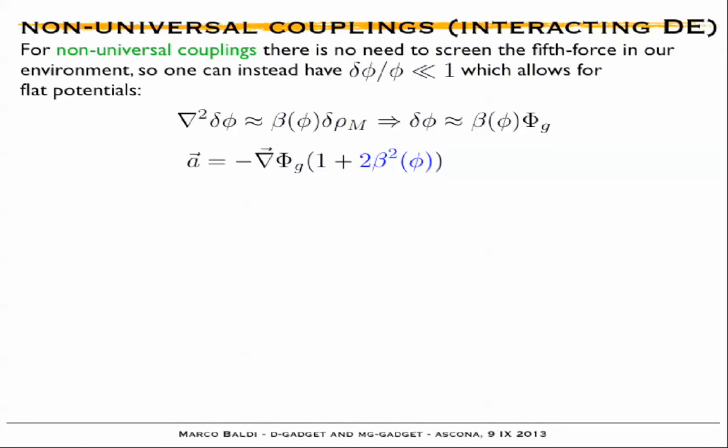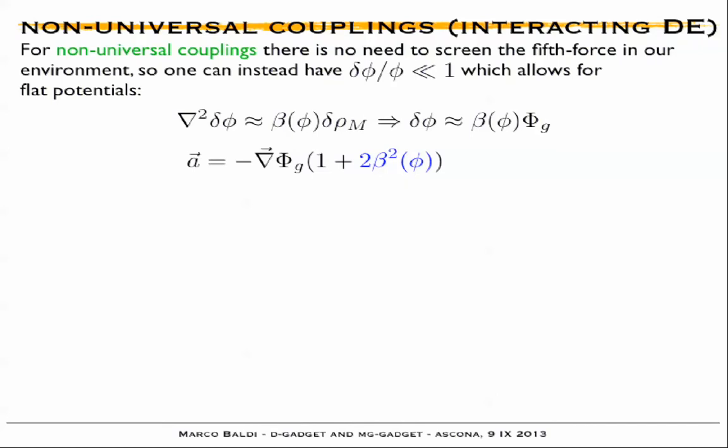In this case, you can find approximate solutions, which anyway have been shown to be extremely accurate for this type of models, in which actually you can drop the nonlinearity of the Poisson equation that I showed you before, and you simply have to solve an additional Poisson equation that looks very similar to the standard Poisson equation. So basically, you have to solve two Poisson equations at the same time, but you can use the standard solver.